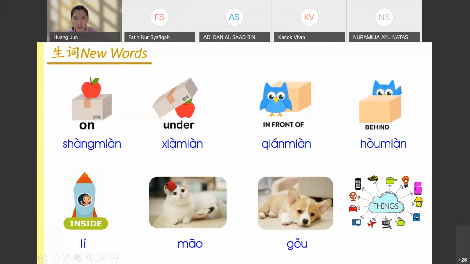Check your book, tell me which word means things in lesson 5? 东西, very good. For example, we can say 这不是我的东西. 我的东西 means my things, my stuff. So 这不是 means this is not. 这不是我的东西, this is not my things.